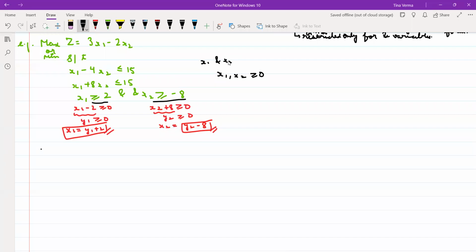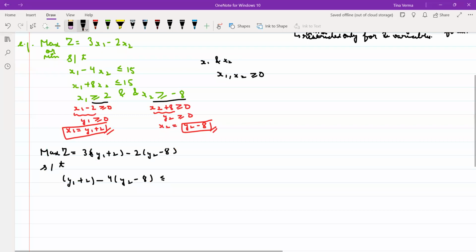So your given LPP will transform into maximize z equals 3 times y1 plus 2 minus 2 times y2 minus 8, subject to the constraints: y1 plus 2 minus 4 times y2 minus 8 less than or equal to 15, which is actually 5, and x1 plus 8x2 less than or equal to 15.